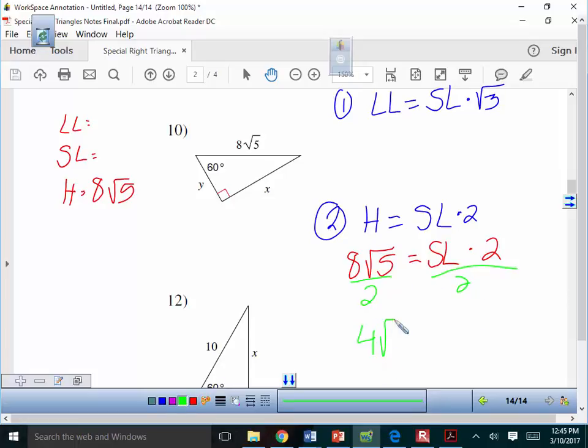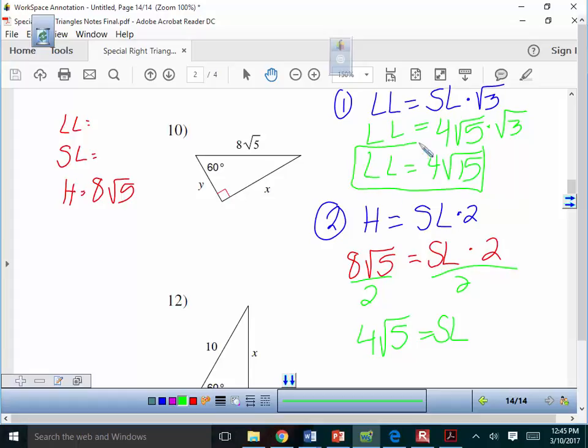And we get 4 square roots of 5 is equal to our short leg. So long leg is equal to our short leg, which is 4 square roots of 5, times the square root of 3. And remember, our long leg is our x, and our short leg is our y.